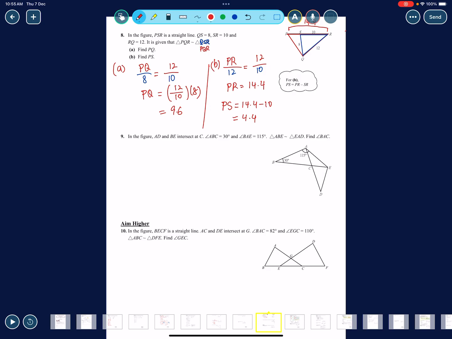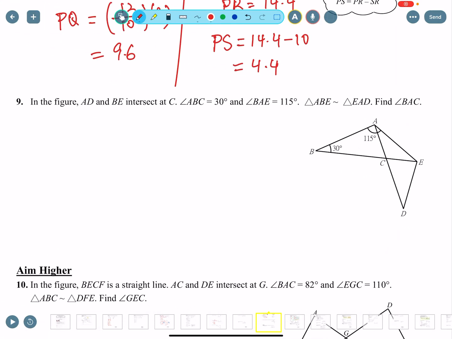Okay, so let's do this one. Last question, number 9. ABE, two angles given for you. ABE. The other one, EAD. Okay, there we go.